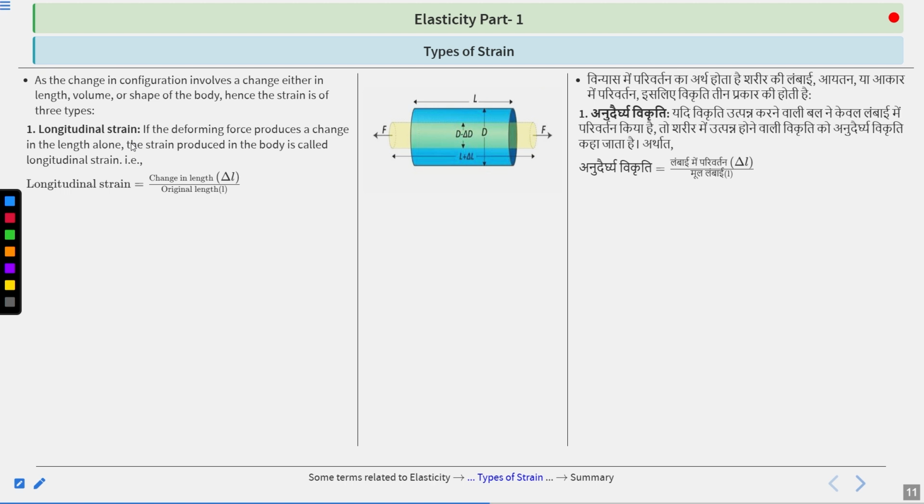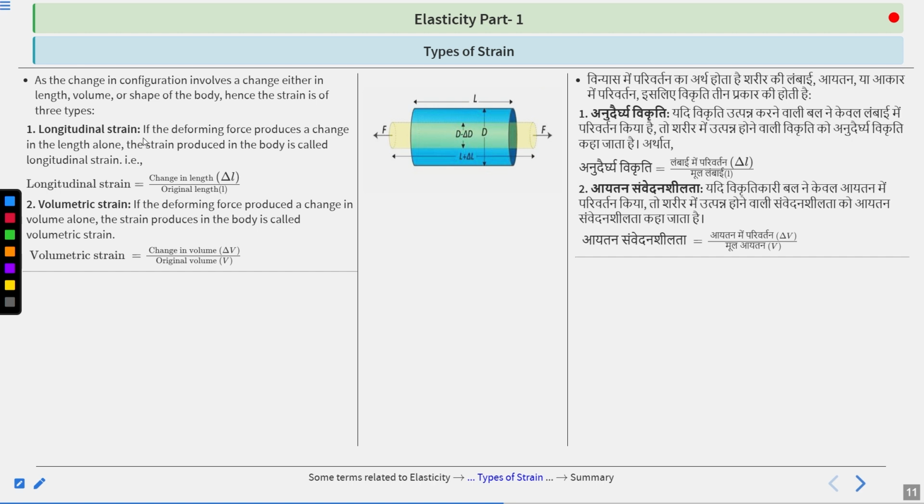Therefore, longitudinal strain is equal to change in length by original length. Here original length is represented by L, and change in length is represented by delta L. So you get the ratio of change in length in comparison with the original length, which is known as longitudinal strain.